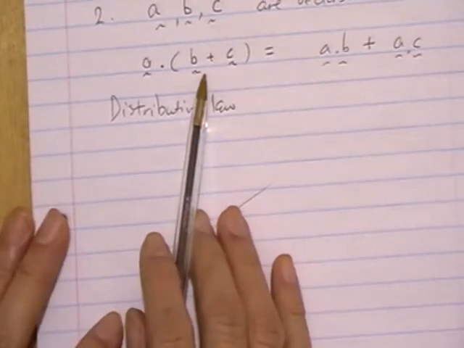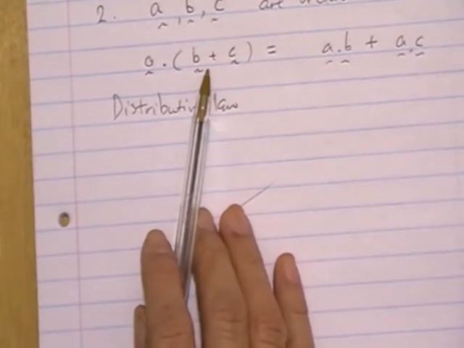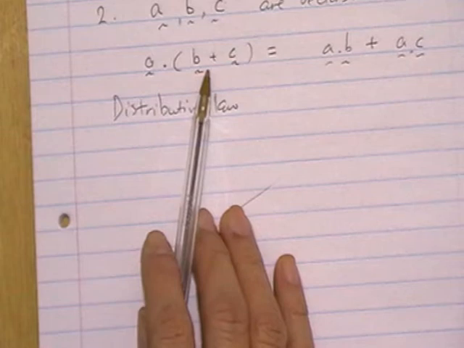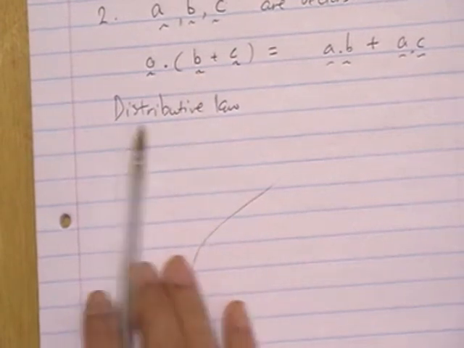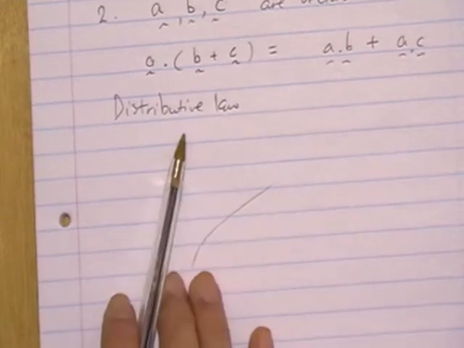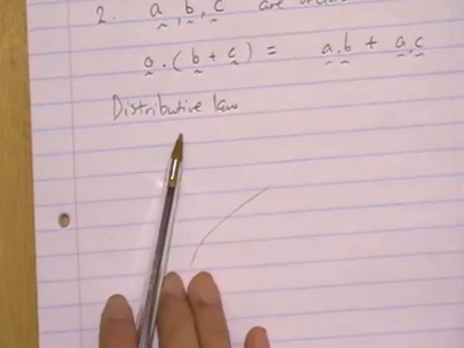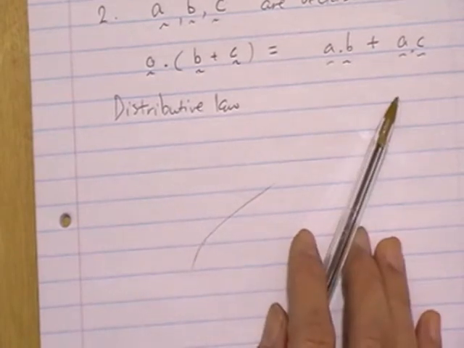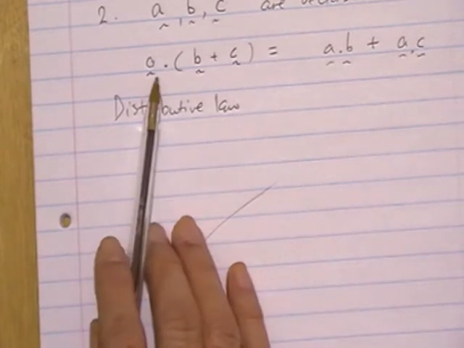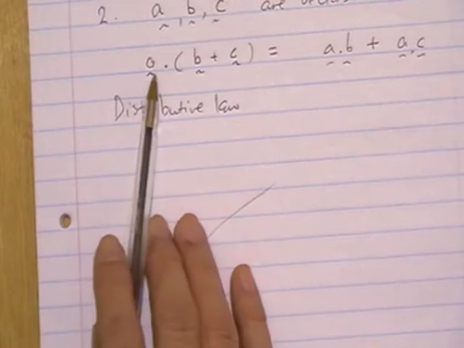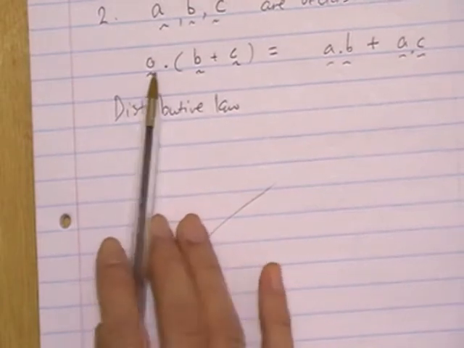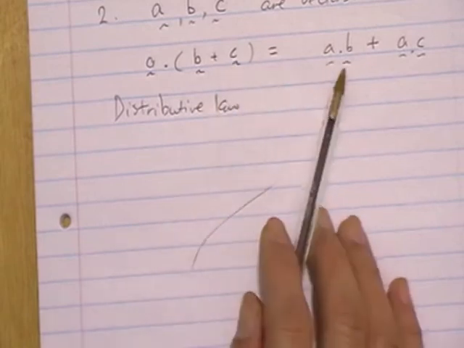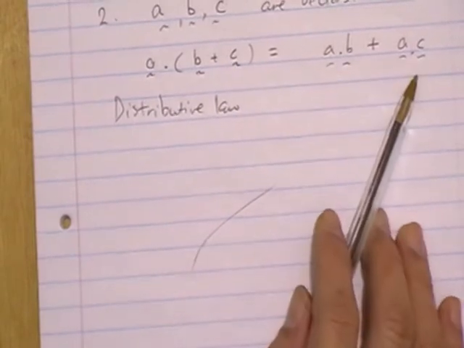And as in the case of algebra for simple numbers, this relation is also called the distributive law, for the same reason as in algebra, that the term outside the bracket distributes itself to each term in the bracket.